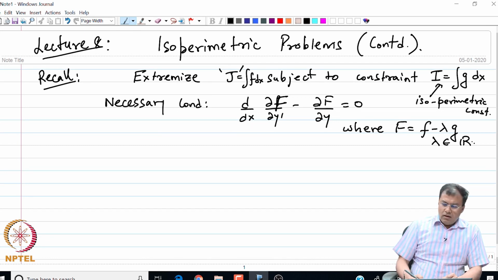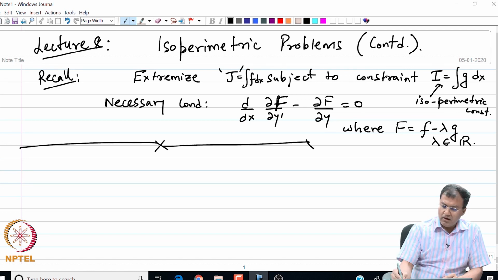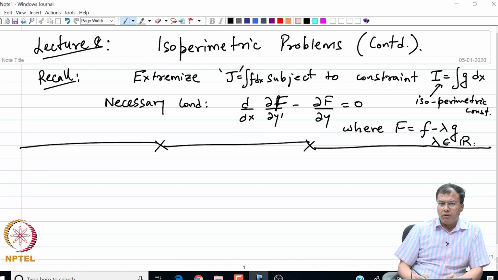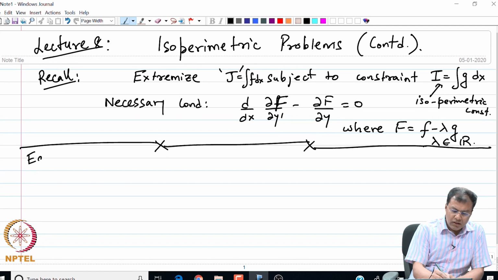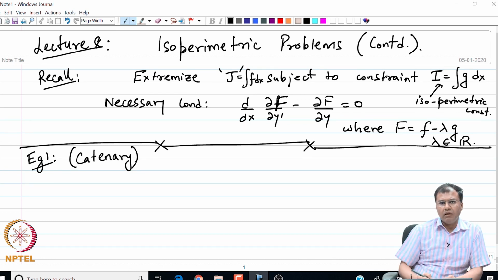Okay. So let us continue our discussion for this class of problems, and let us look at some examples where we impose isoperimetric constraints. My first example this morning is we are going to revisit our catenary example, or finding the optimal shape of the cable subject to some constraint on its weight or on its potential energy.